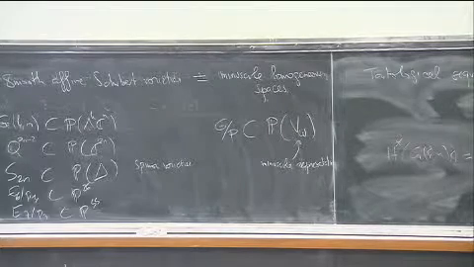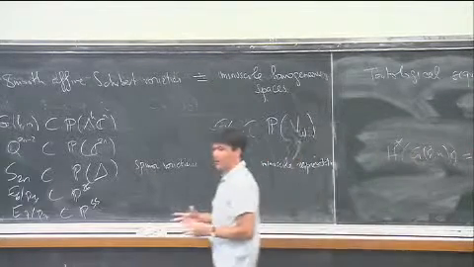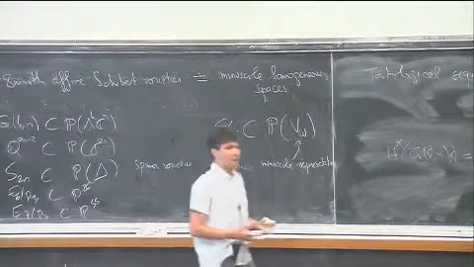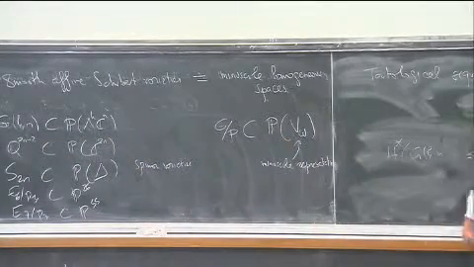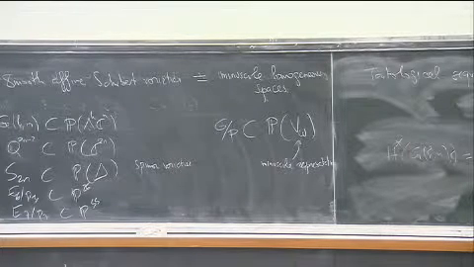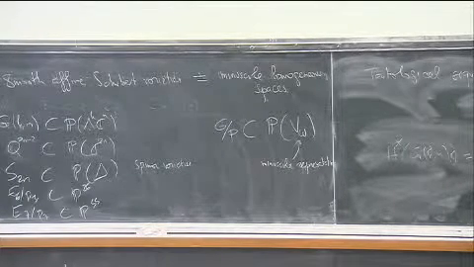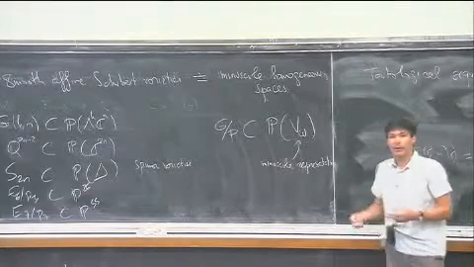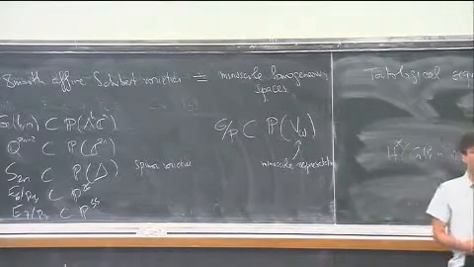And this property means the following. When you look at some representation, you diagonalize the action of the Cartan subalgebra. So you have the theory of weights, and there is an action of the Weyl group on the set of weights. And minuscule means that the Weyl group acts transitively on the set of weights.